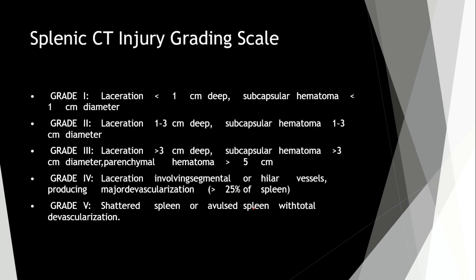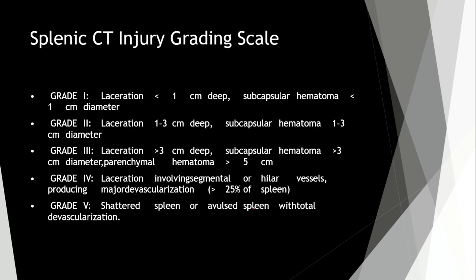Splenic CT injury grading scale. Grade 1, laceration less than 1 cm deep, subcapsular hematoma less than 1 cm in diameter. Grade 2, laceration 1 to 3 cm deep, subcapsular hematoma 1 to 3 cm diameter.